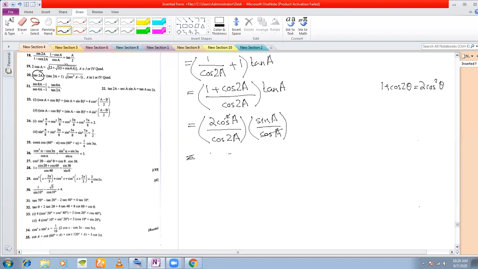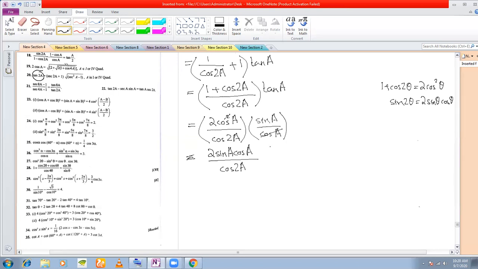Now see what is left in the numerator. In the numerator, you are left with 2 sine a cos a, and in the denominator, you have cos 2a. Sine 2 theta is 2 sine theta cos theta.